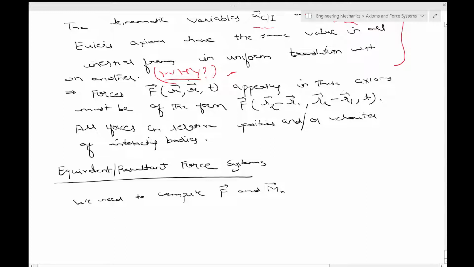So before that, let's just define something as a force system. This is a term which we will be using to refer to a load system consisting of forces and moments.